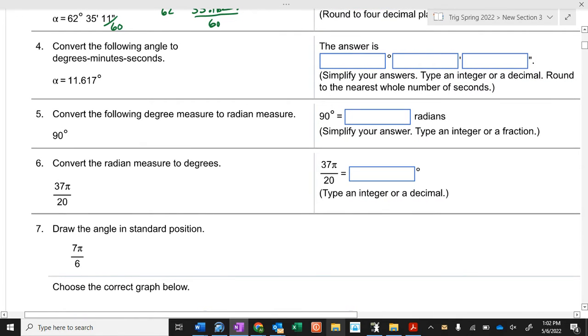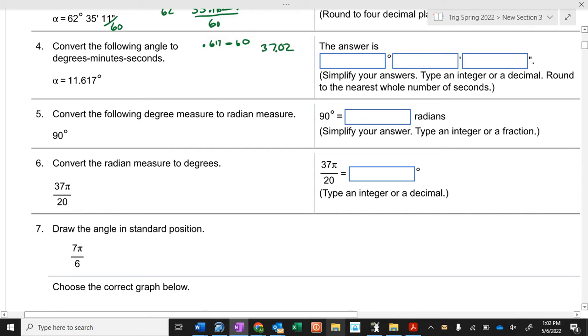Degrees, minutes, seconds. So now you take the decimal part, 0.617, and do what to it? Multiply by 60. 0.617 times 60 is 37.02.